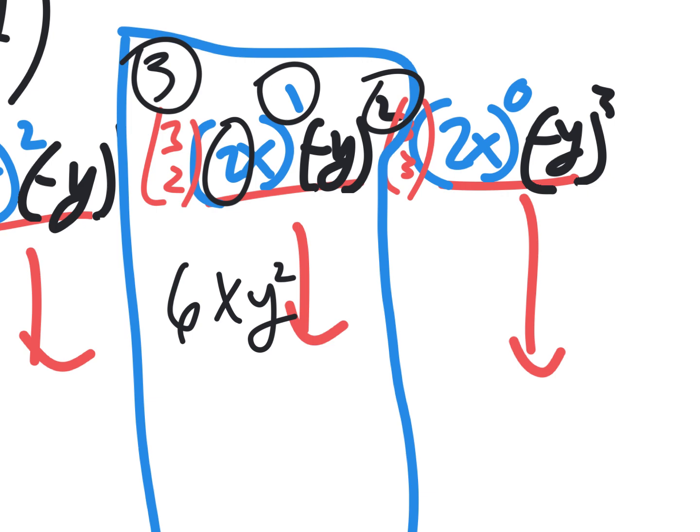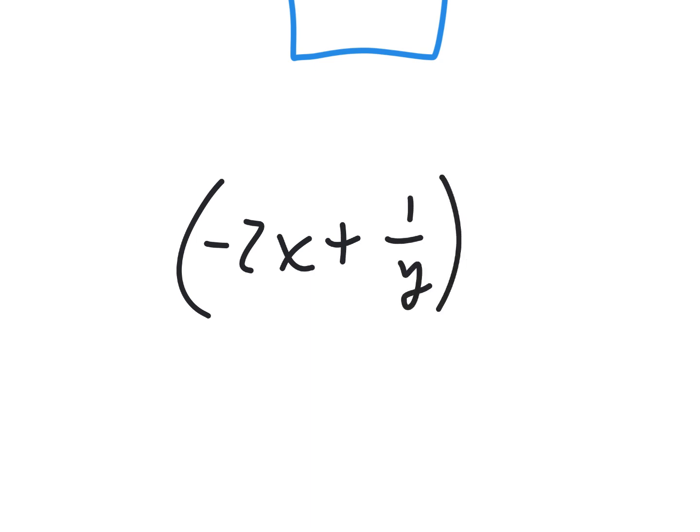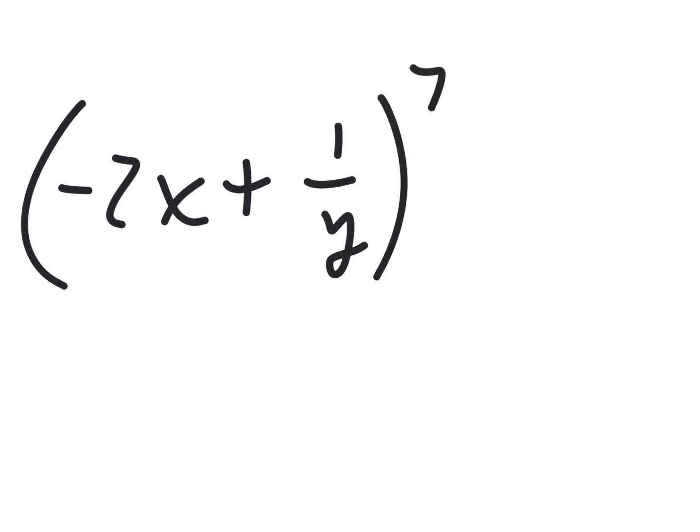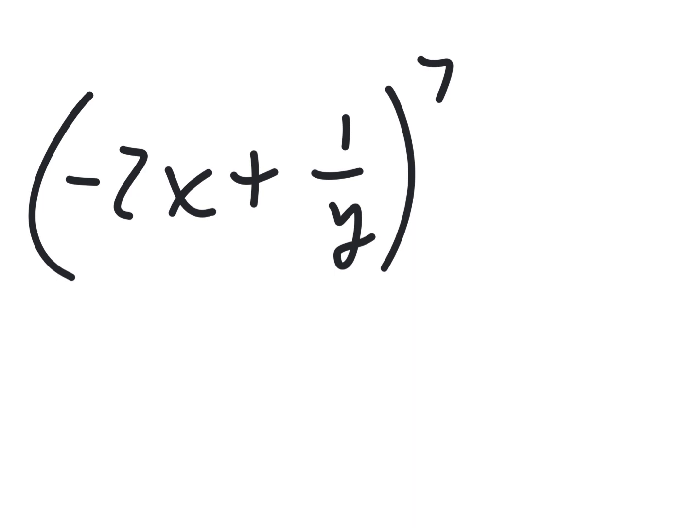All right. Any other questions about binomial expansions? I think the same process would apply if we had this. If we had this, and I said, which term has an x to the 4th in it? On this one, it wouldn't be too hard to tell which term would have an x to the 4th in it.